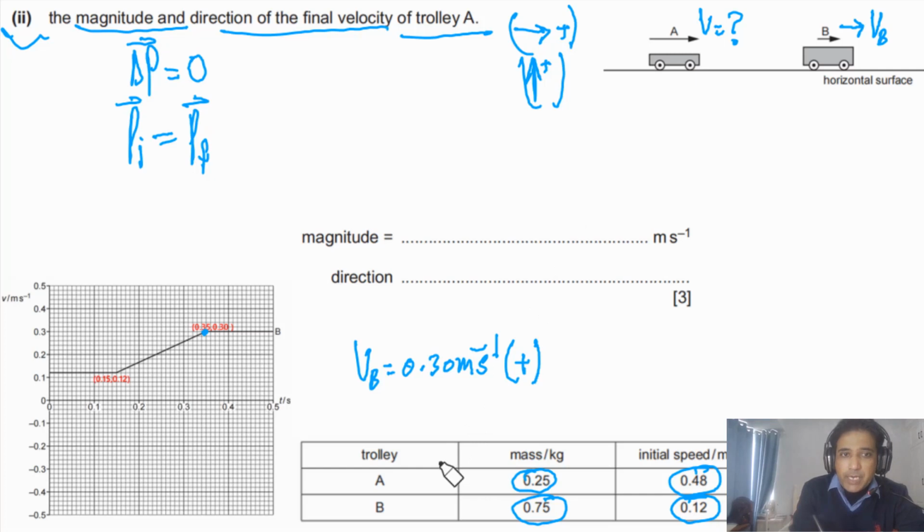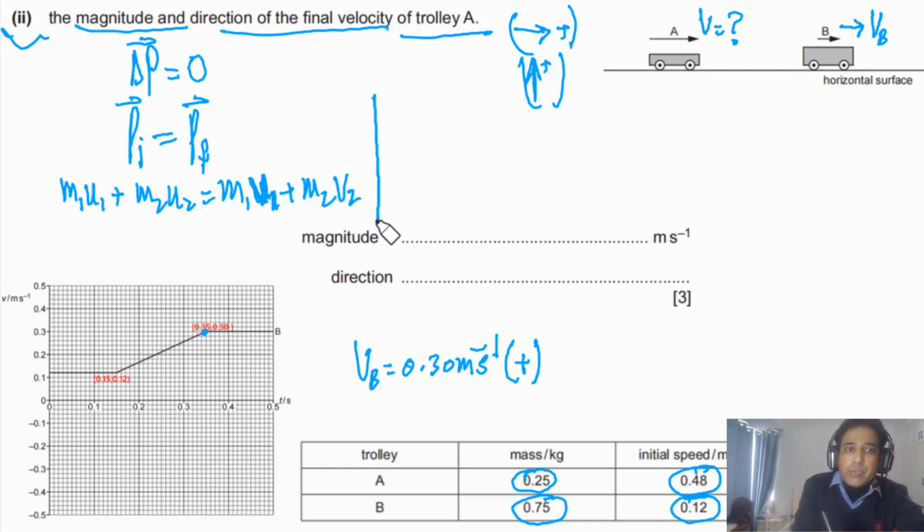Now we have trolley A, which is moving to the right. We can write m1 u1 plus m2 u2 has to be equal to m1 v1, which is for trolley A, plus m2 v2. Now we need to plug in values.